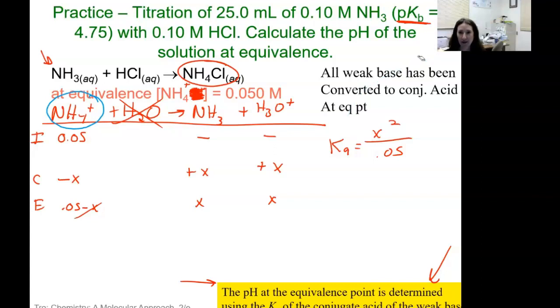So we've got to change the pKb into a Ka. When we do this, 14 minus this is going to give us our pKa, which is 9.25. This is our pKa. And then to get from our pKa to our Ka, actually, I have this written here for you. I'll just put this on here.